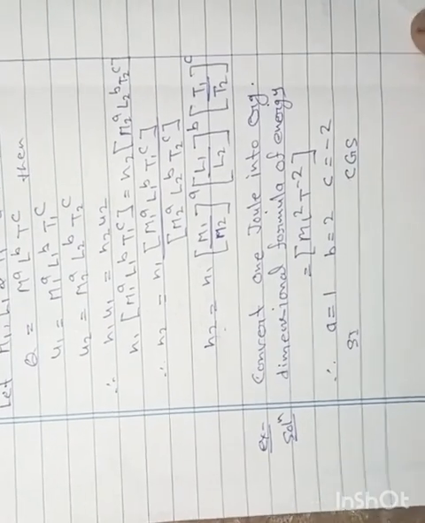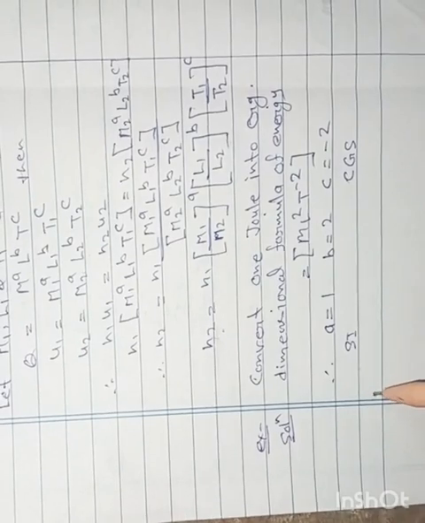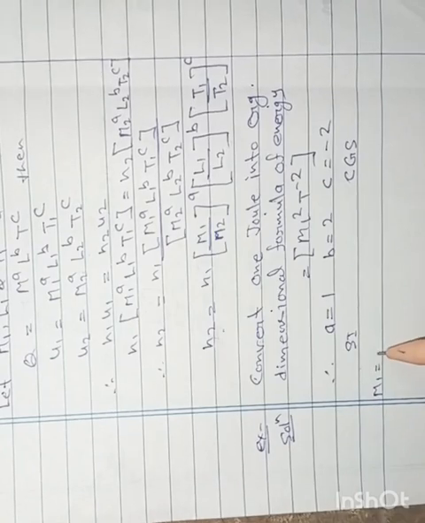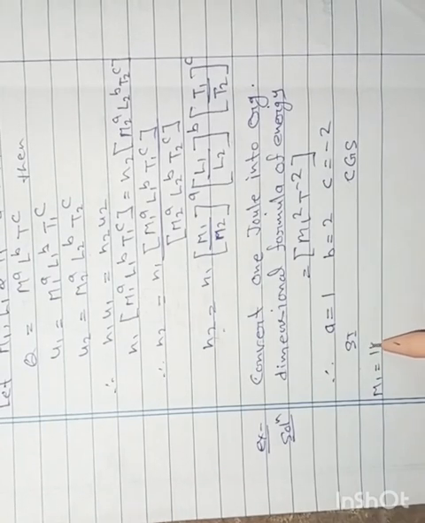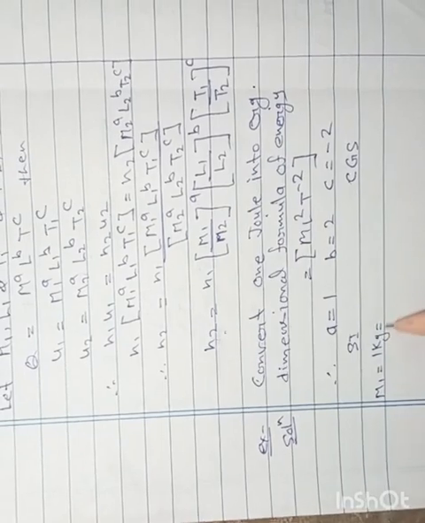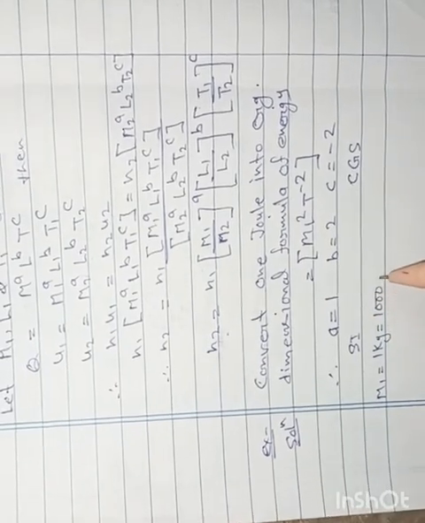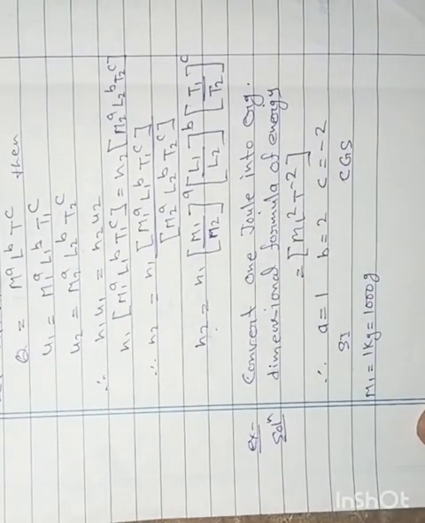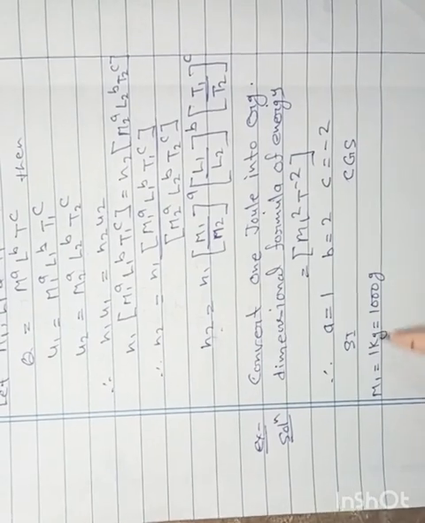Now we will write SI unit and CGS system unit. We know that M1 is mass, and mass is taken in kg, and we know that 1 kg is equal to 1000 gram in CGS system.